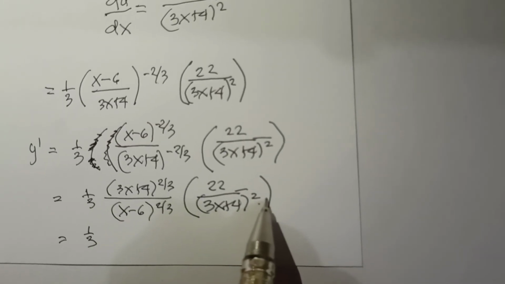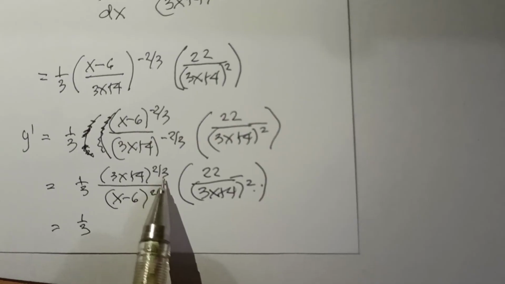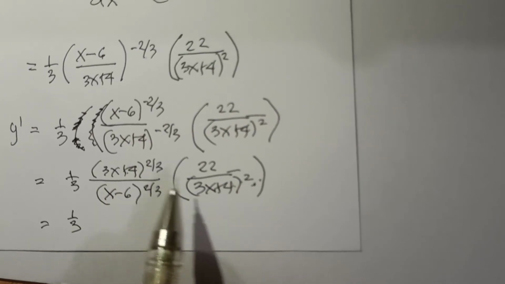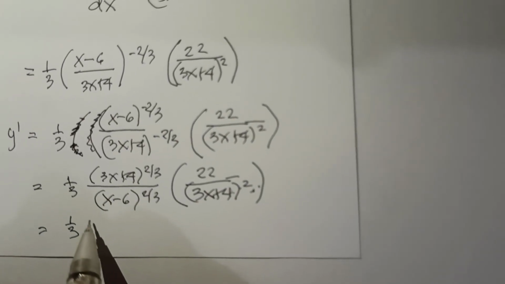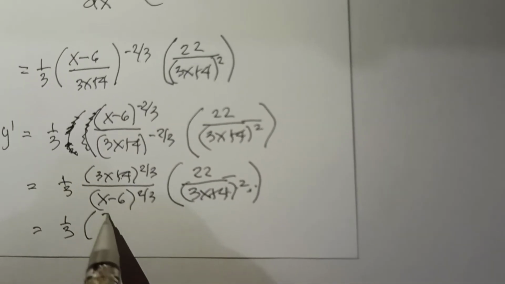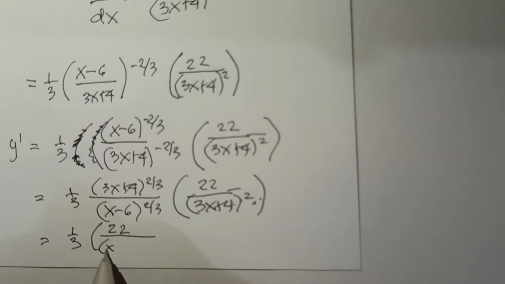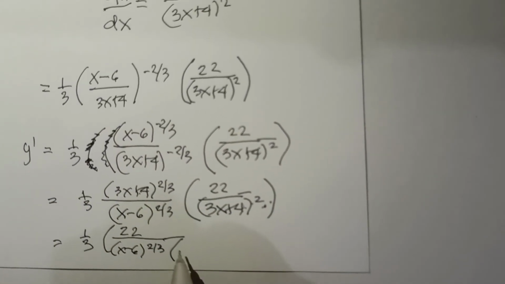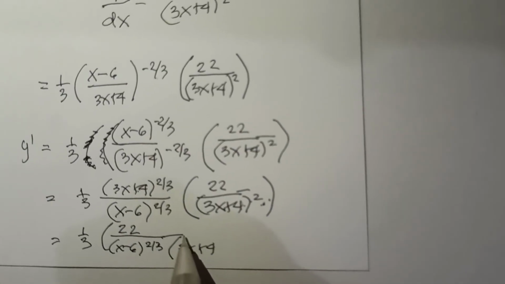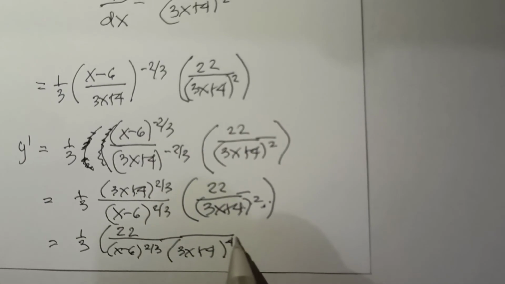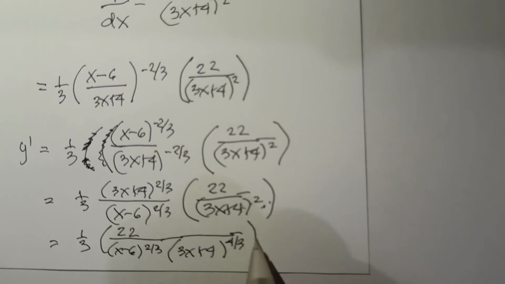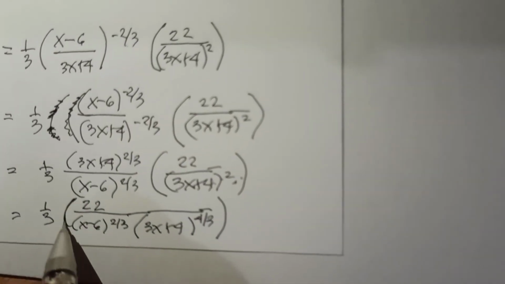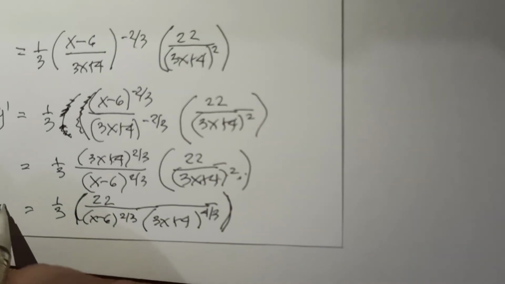So 2/3 minus 2. Since this is bigger, this part will be at the denominator. So this will become 22 over x minus 6 raised to 2/3, since the result of this one is equal to 3x plus 4 raised to 4/3. So ganito ang answer. Or you could simplify this one. Okay, this part. So this is the y prime.